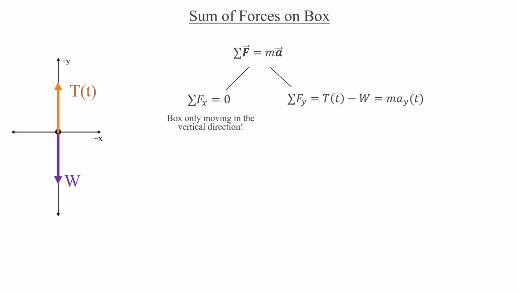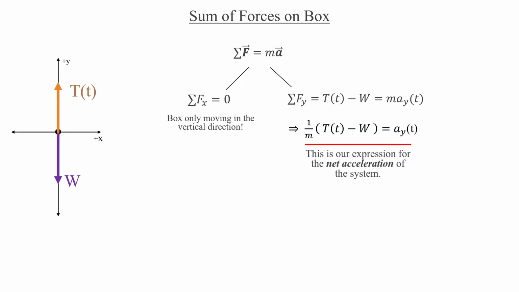We need to divide both sides of this expression by the mass, because our goal is to have an expression for the acceleration. That was step 3 of our prep. So if we do that, here's what that looks like. And now we have an expression for the net acceleration of the system.